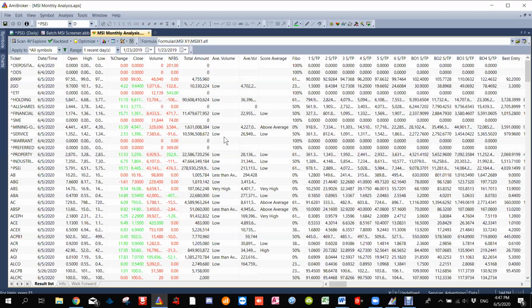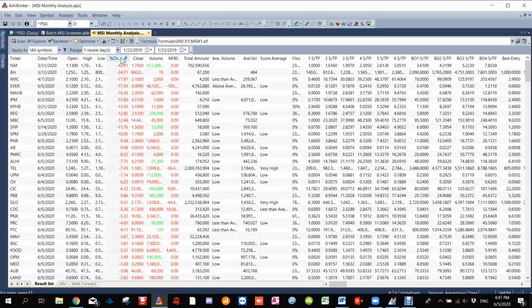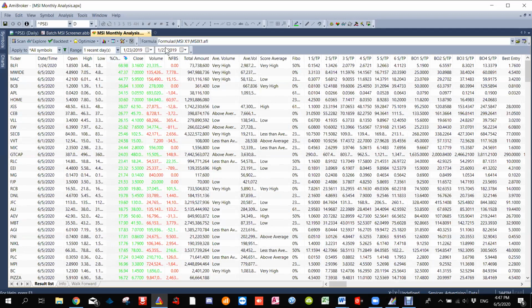And okay. So tapos na yung daily, yung monthly at yung weekly analysis ko. What I will do now is I can actually sort this, let's say for example dito sa change area, pwede ko siyang isort at malalaman ko kung ilan na yung percentage gain niya on a monthly level.